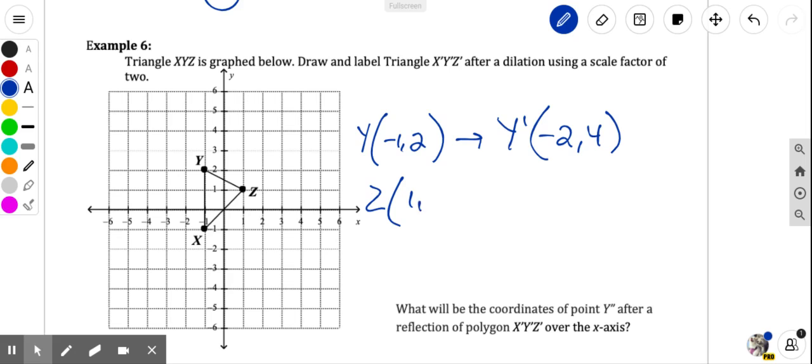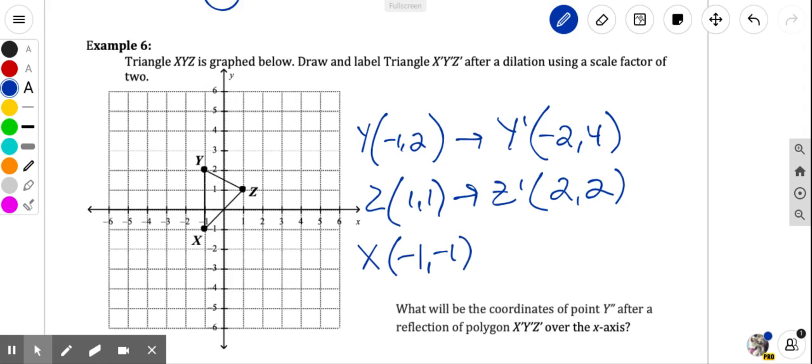Z is 1, 1, mapping to Z prime, which is going to be 2, 2. Multiply both of them by 2. X is -1, -1, mapping to X prime, which is -2, -2. So then if we plotted them, -2, -2 is going to be here. 2, 2 is here. And then -2, 4.